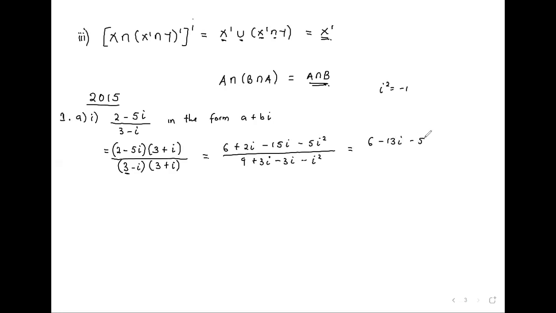And then minus 5 multiplied by -1 over 9. 3i minus 3i gets 0, minus -1, which then becomes 6 plus 5 minus 13i over 9 plus 1, which is equal to 11 minus 13i over 10. This is the form that has been asked.